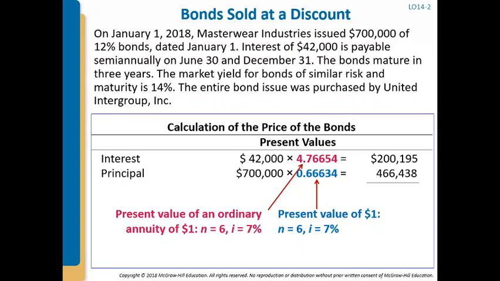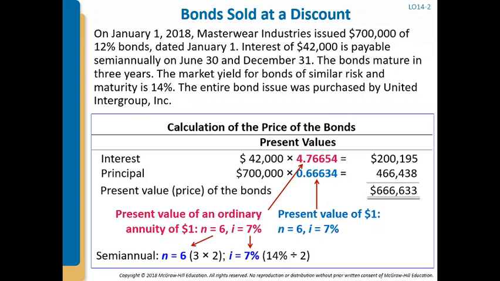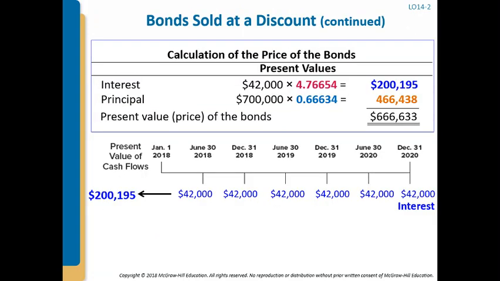So in this case, what Masterware is getting is $666,633. The difference between that amount and the $700,000 is what they call the discount on bonds payable.